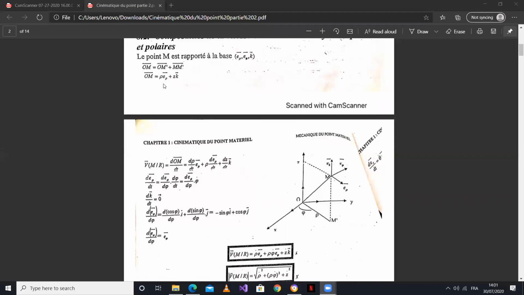So the product rule, we know that we derive one, leave the other one, plus you leave the first one and derive the second one. So it's going to be d de rho dt e rho plus rho, we leave rho, d de e rho dt plus. Now we derive this one, it's going to be d de z dt suivant k, because k is fixed.